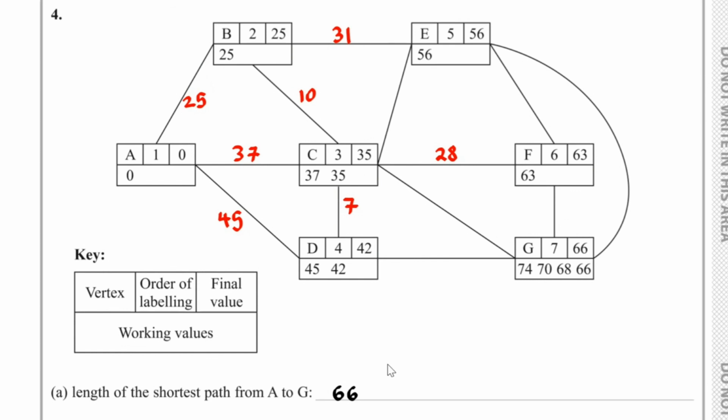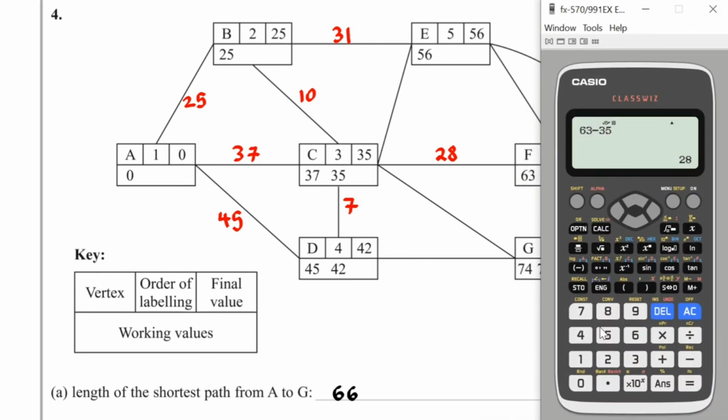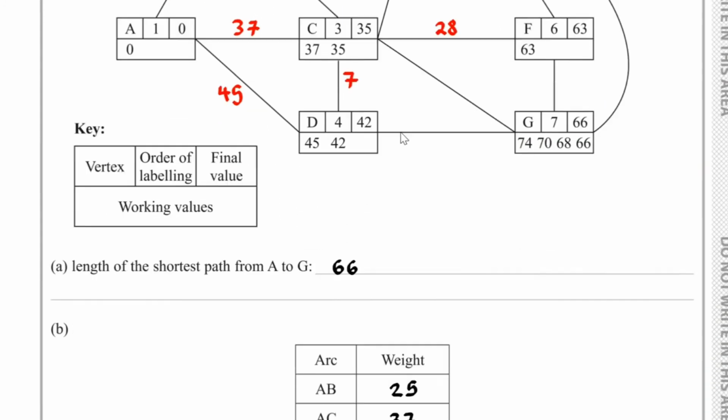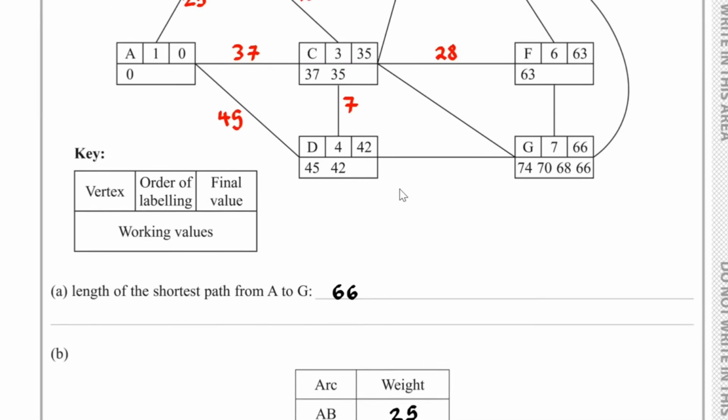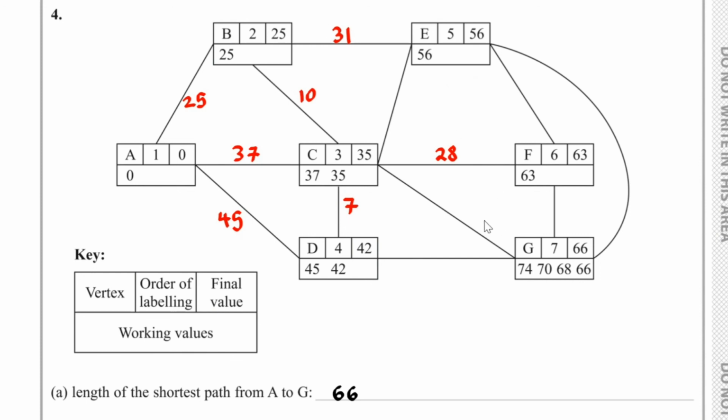Well, if you think about it, we're at 35, and then to get the 74, which was the first value shown, 74 take away the 35 gives 39. So we've got 39. So let's add that on.